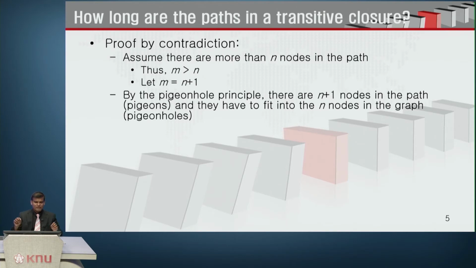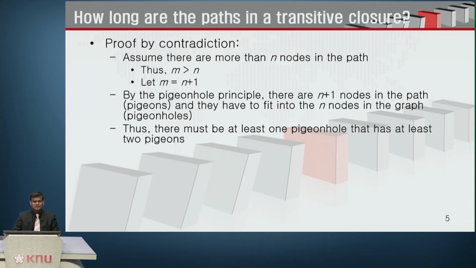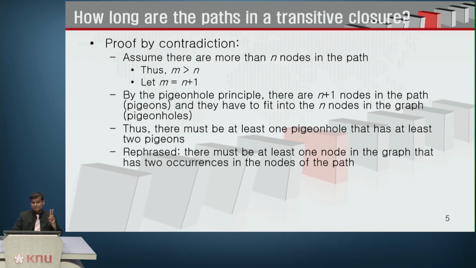So there are n plus 1 nodes in the path, the pigeons, and they have to fit into n nodes in the graph. Yes, they have to fit into the 10 holes, even if they had 11 pigeons. Thus there must be at least one pigeonhole that has at least 2 pigeons, as I just mentioned with that example.